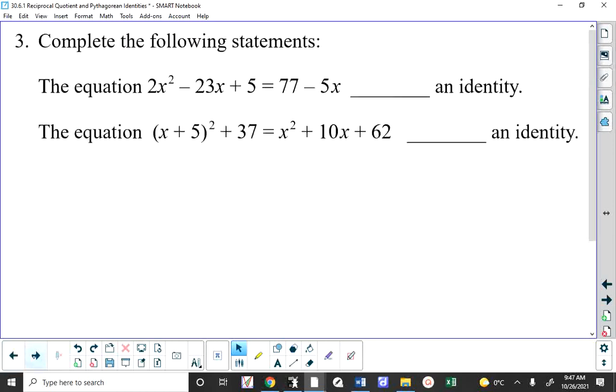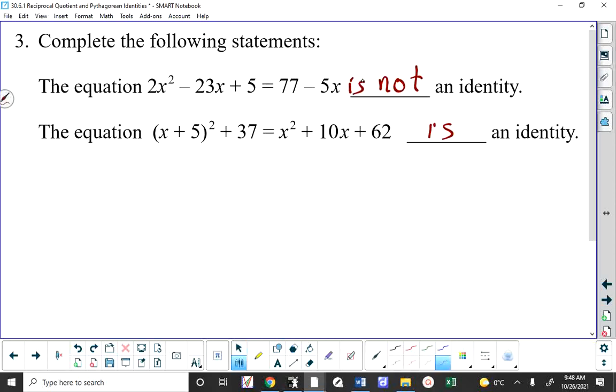All right, so in our warm-up, 2x squared minus 23x plus 5 equals 77 minus 5x is not an identity, because we found examples of x that made it not true. (x plus 5) quantity squared plus 37 equals 2x squared plus 10x plus 62 is, I guess I should clean up my English, this should say is not.